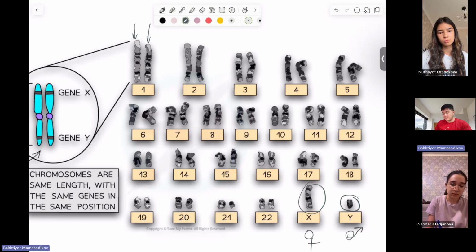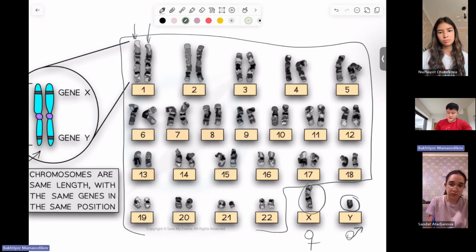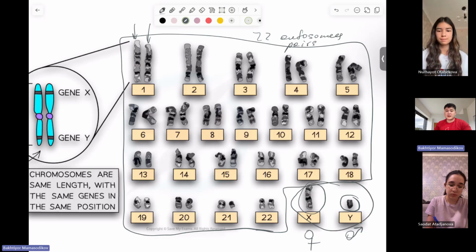This came from dad. And we have 22 autosomes. Autosomes means non-sex chromosomes, 22 pairs. But one pair is the sex chromosome. One came from mom, one came from dad. Y came from dad.